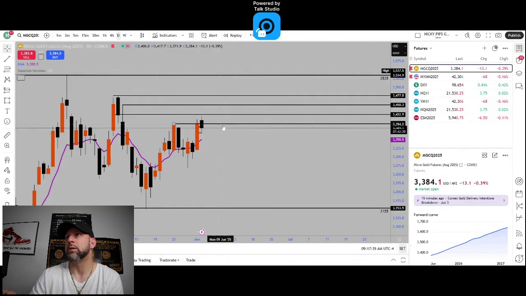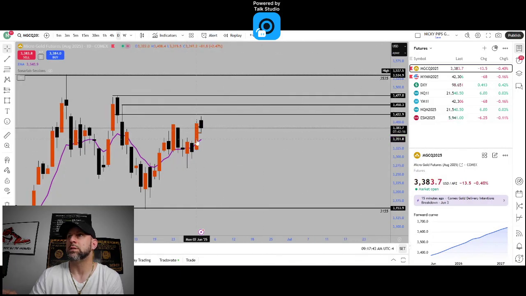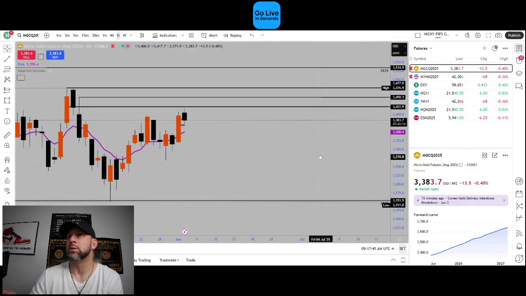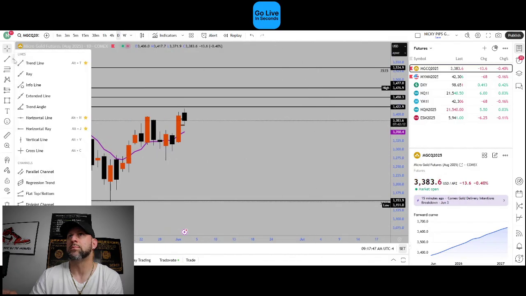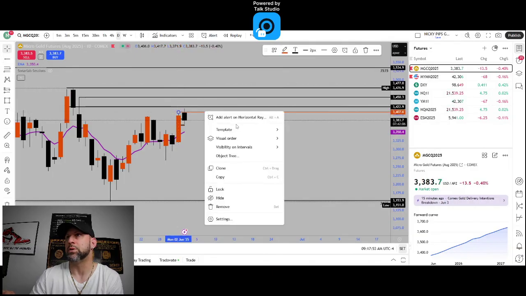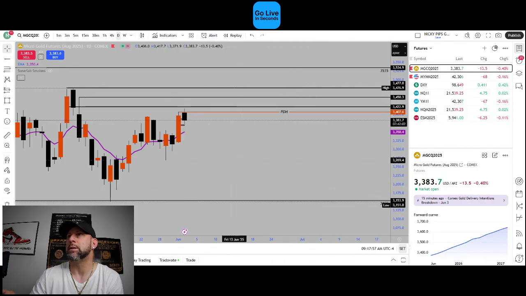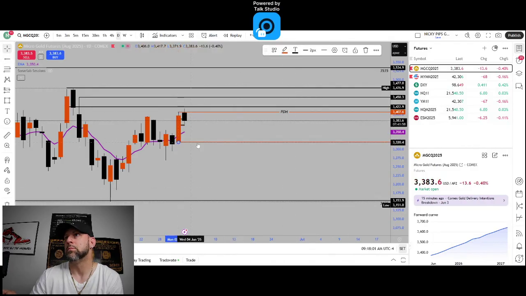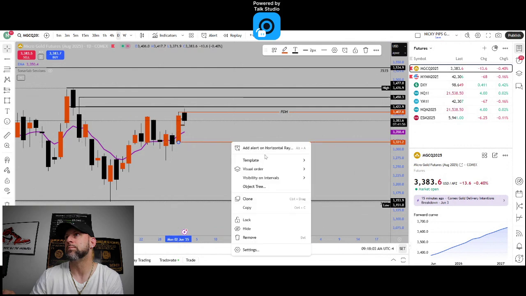So for the daily, I'll remove this one. This candle right here is the previous day, so we're going to mark that up using a horizontal ray. I have these kind of preset already, so these are templates. So previous day high, previous day low.